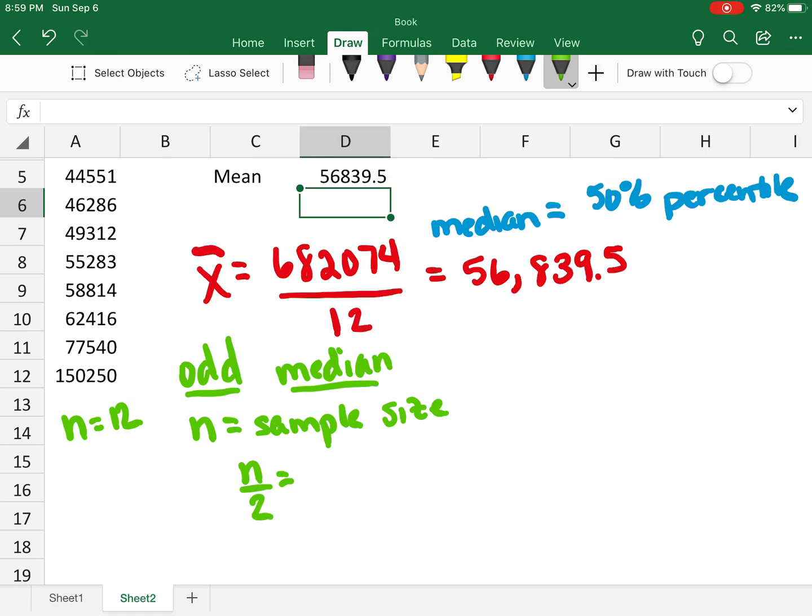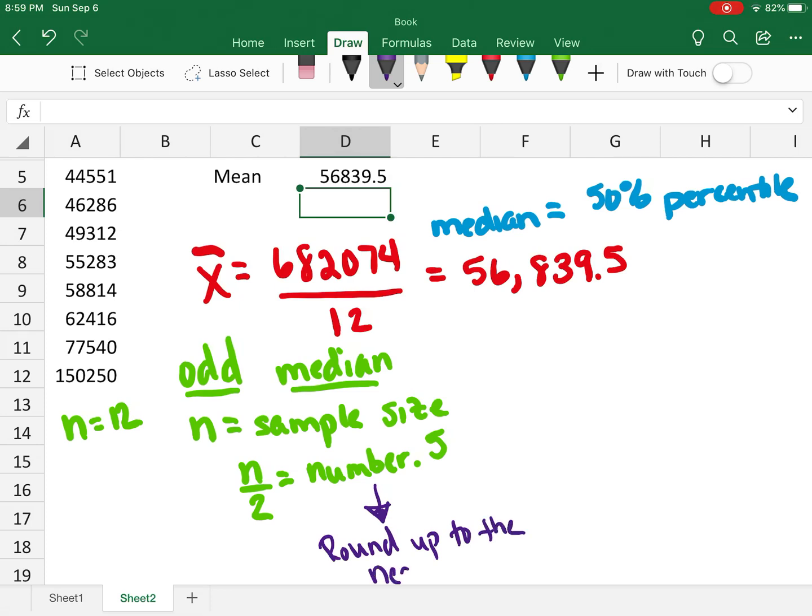And this will always be some number point 5, because when you divide an odd number by 2, you always get a 0.5. Whatever that 0.5 number is, you always round up to the nearest whole number. And by up, I mean no matter what that number is, you go up.